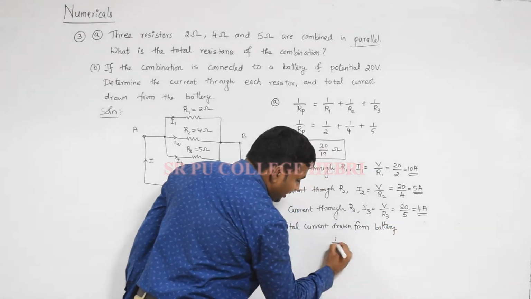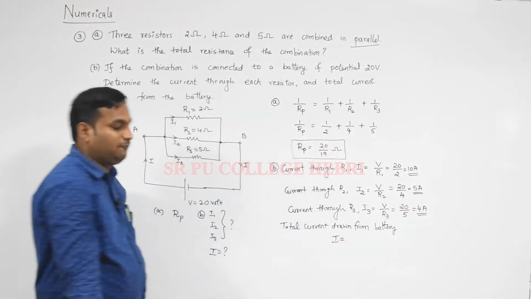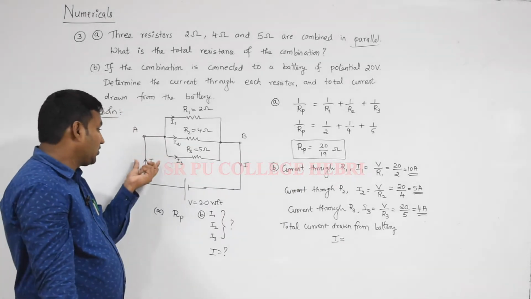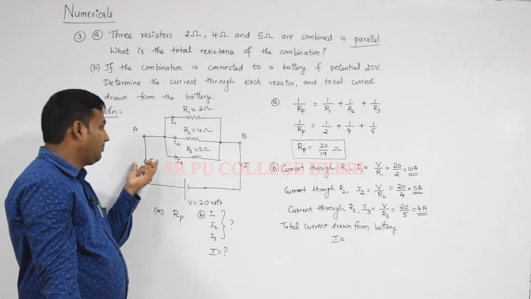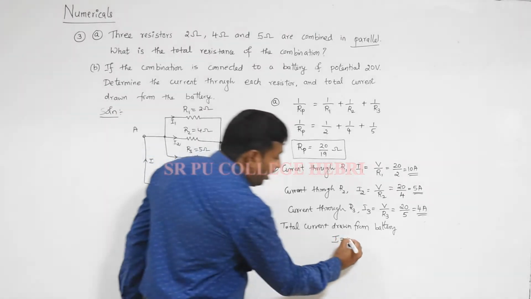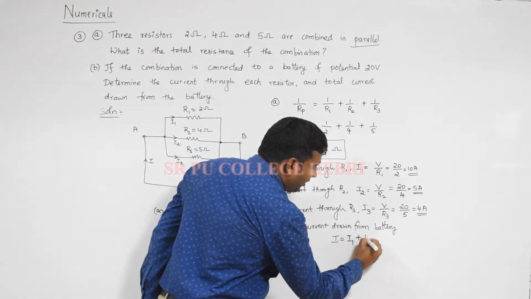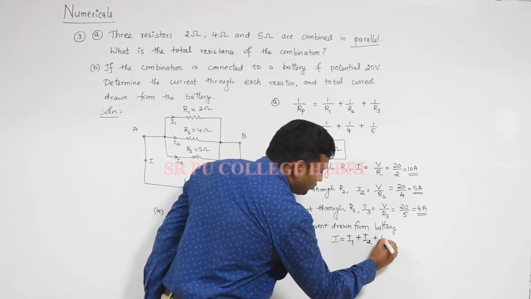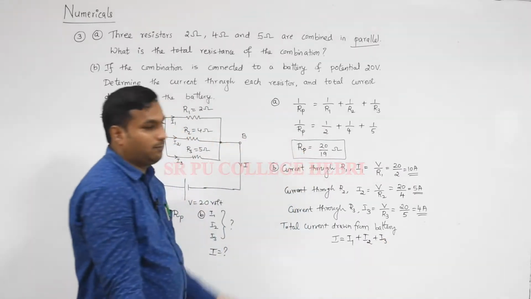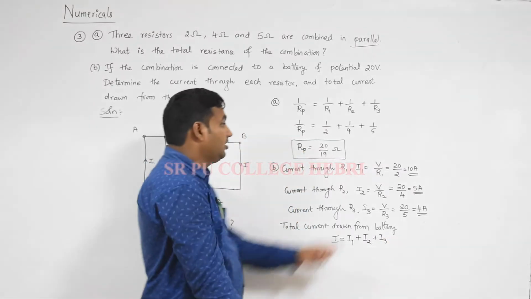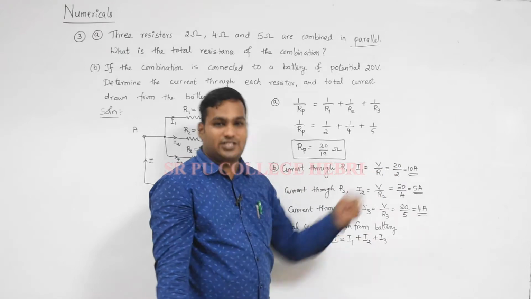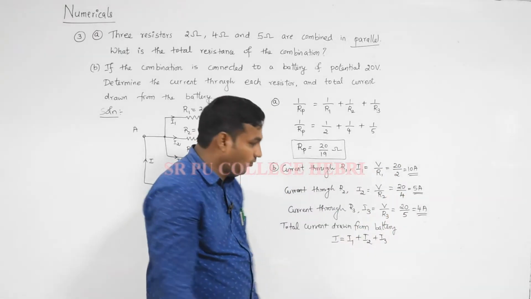That is nothing but I is equal to, according to parallel combination, the total current drawn from the battery, also called main current, is equal to algebraic sum of current through each resistor, that is nothing but I1 plus I2 plus I3. Here I1 is equal to 10 amps, I2 is equal to 5 amps, I3 is equal to 4 amps.